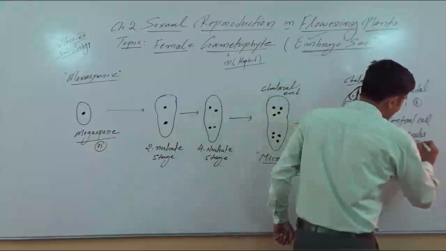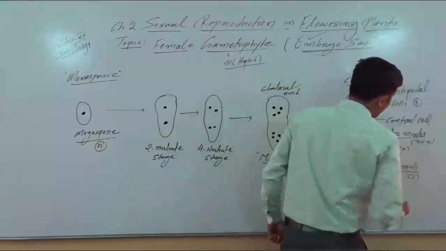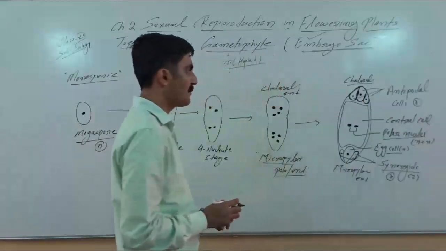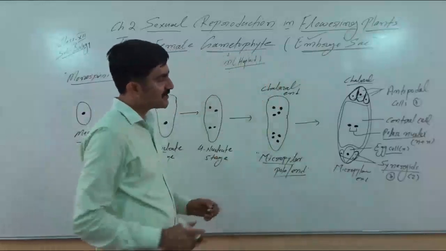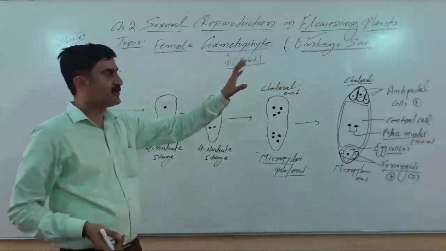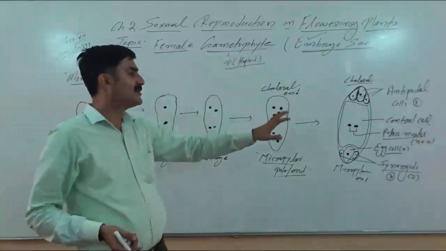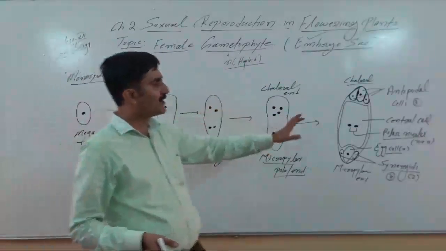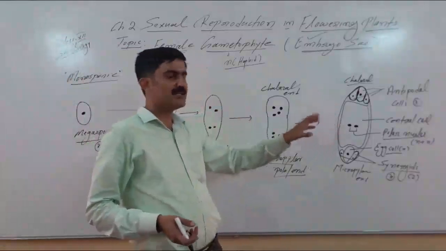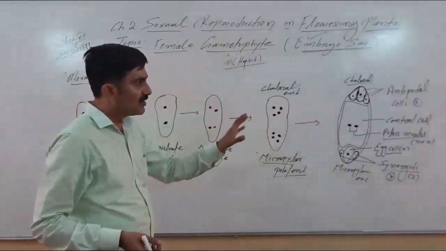These nuclei are also haploid, so we write it as n plus n. This complete structure we consider as embryo sac. This complete structure we consider as the female gametophyte, and this female gametophyte is present inside the ovule.